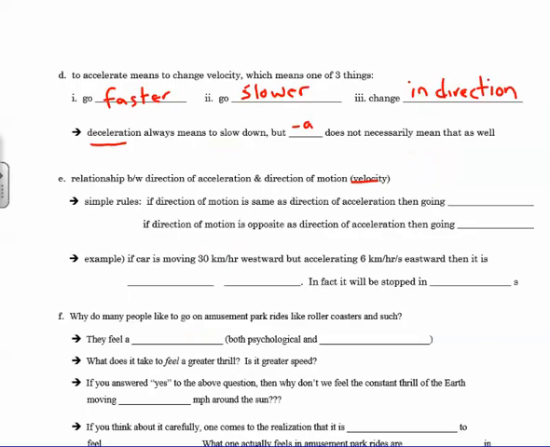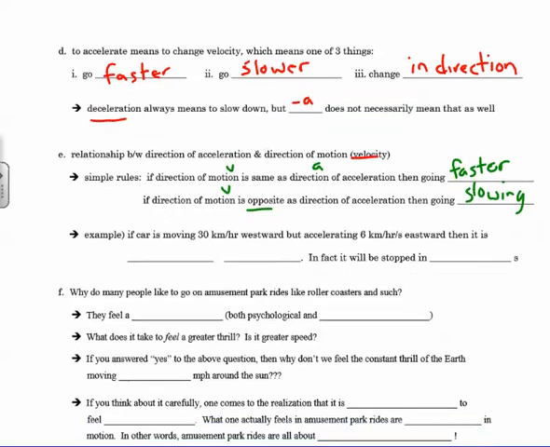So we can summarize that very simply by saying if the direction of motion, which is really velocity, is the same as the direction of acceleration, then we're going faster. And if the direction of motion is opposite the direction of acceleration, then we're going slower. Okay, so that's important to remember.